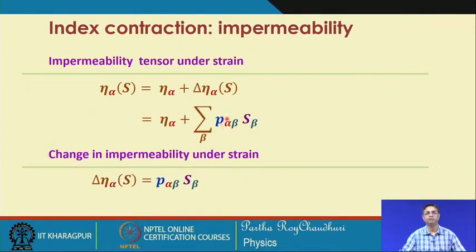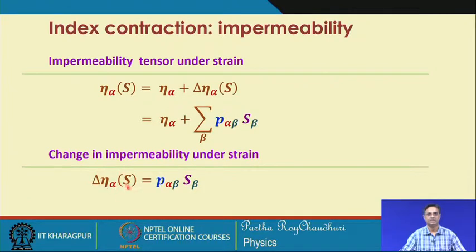So, the change in impermeability, this quantity, is now delta eta alpha equals p alpha beta S beta, where we have a convention of repeated index for summation. Using that, this quantity we want to calculate will come from the strain or the propagation of the acoustic wave, and then connected with this, which is the material property, that is the strain optic tensor. This and this put together will give us the change in the impermeability, that is the change in the refractive indices.